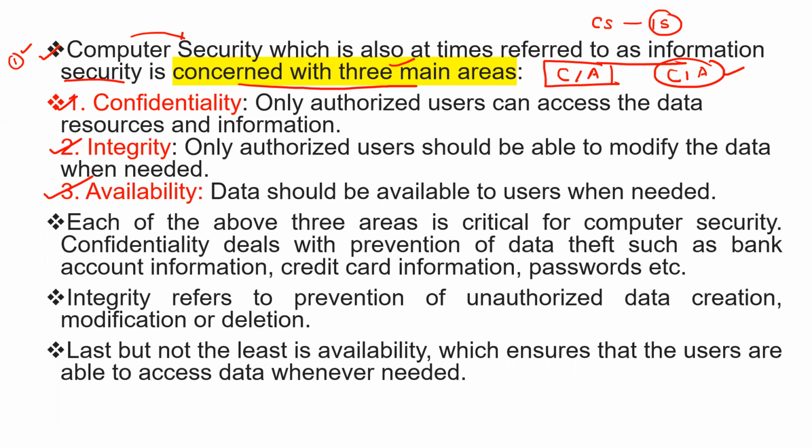Now let's discuss in detail the meaning of all these three. Confidentiality: what is the meaning? Only authorized users, like when you have internet banking. Only you can log in to your internet banking if you have your ID and password. Your ID may be known to another person, but your password is only known to you.